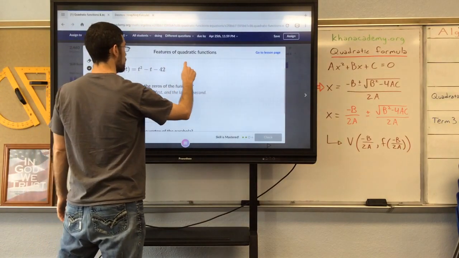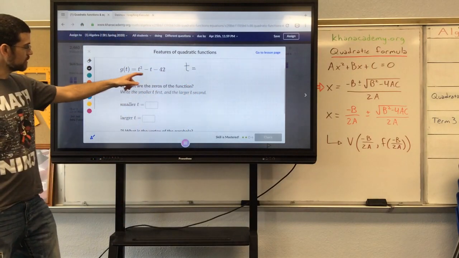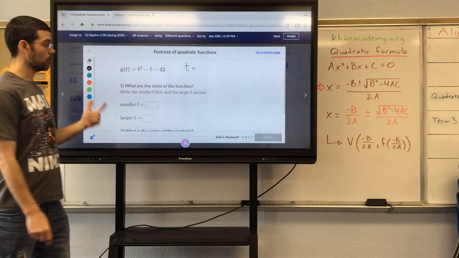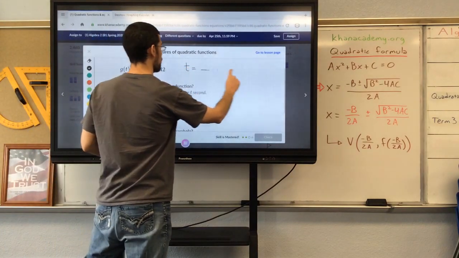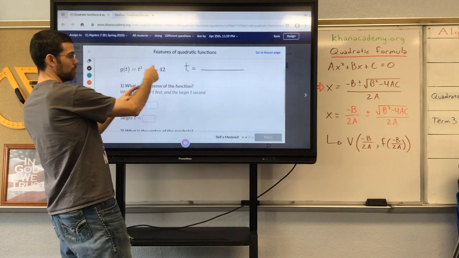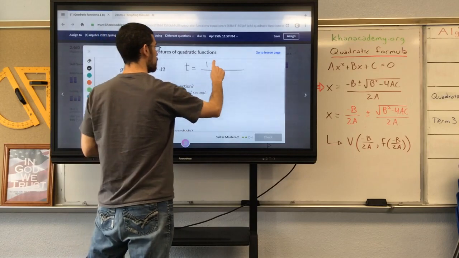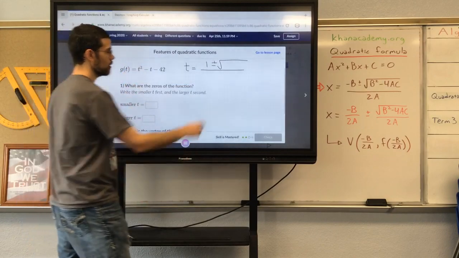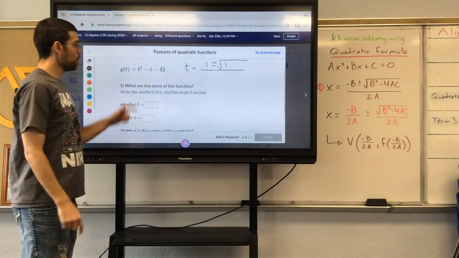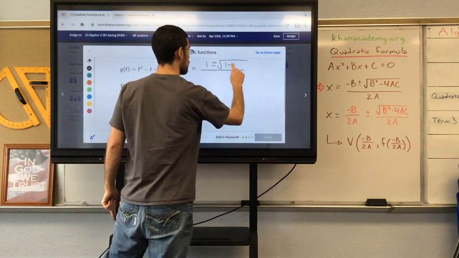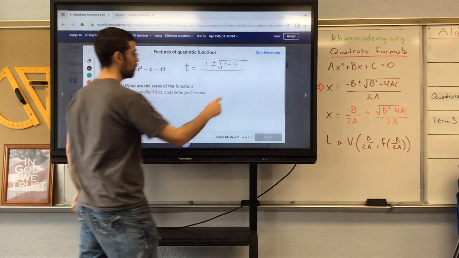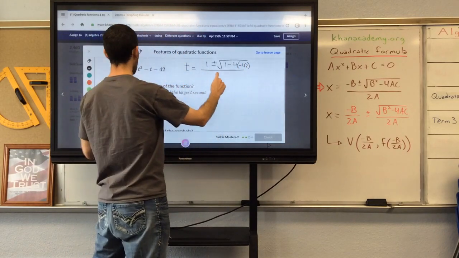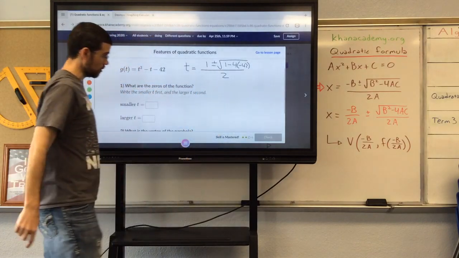The 2 different t's that make this expression equal to 0 are going to be, according to the quadratic formula, negative b, so the opposite of negative 1 is 1, plus or minus the square root of b squared, negative 1 times negative 1 is positive 1, minus 4 times 1 times negative 42. And all of that is over 2 times a, which is 1, so that'll be 2.